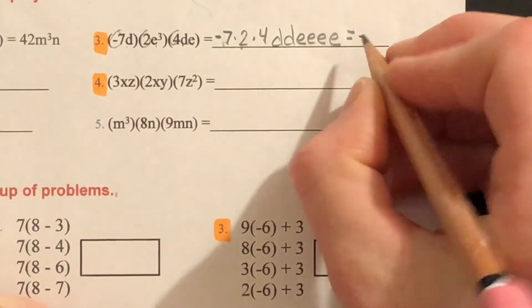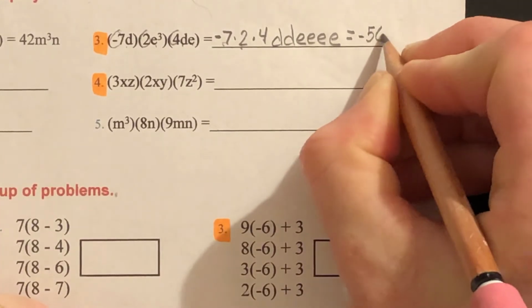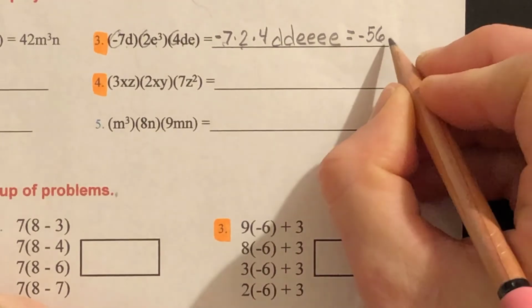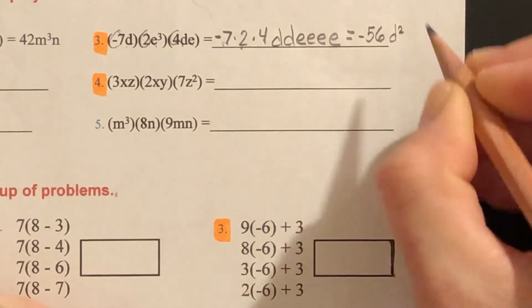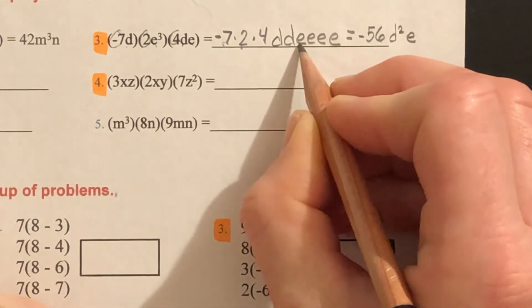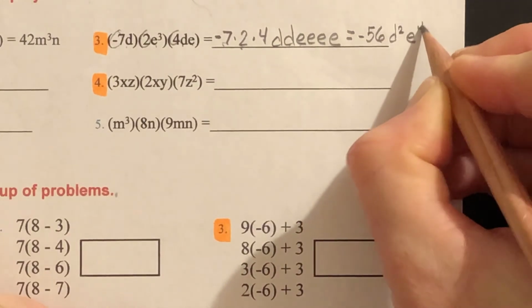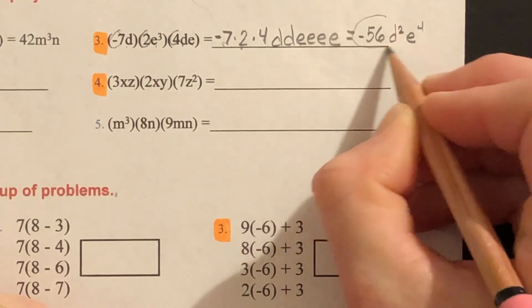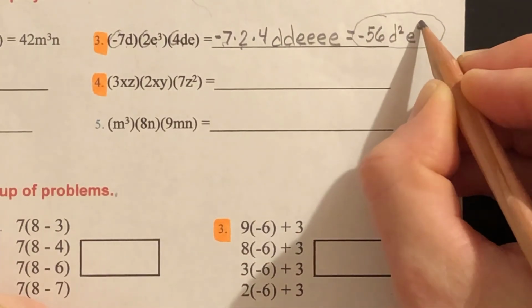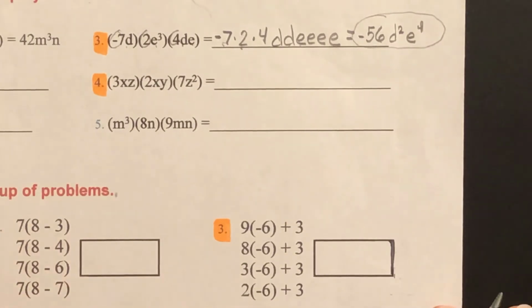So I get -56 d squared e to the 4th. That is your final answer for number 3. You got it?